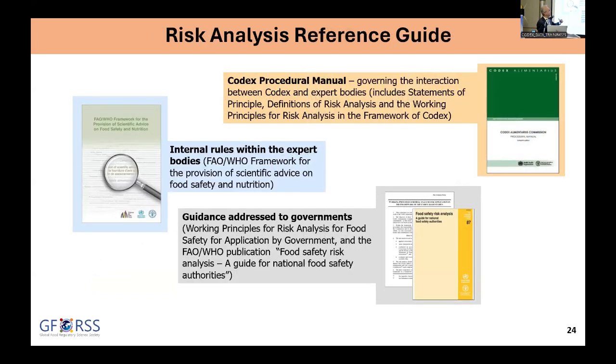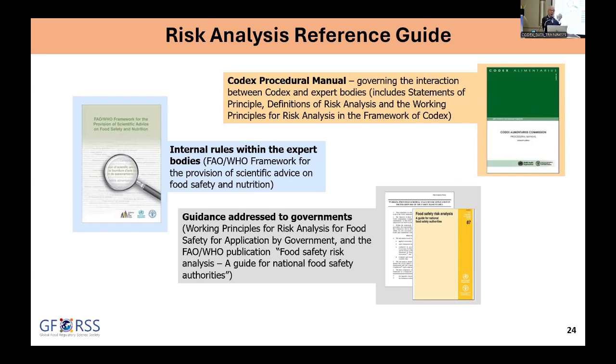One slide back, sorry. In Codex texts, we have a series of guidance documents that we must or can rely upon to give you direction on how to conduct the risk analysis process. You have the procedural manual, obviously. You also have the expert committees, JECFA, GEMRA, and so on.